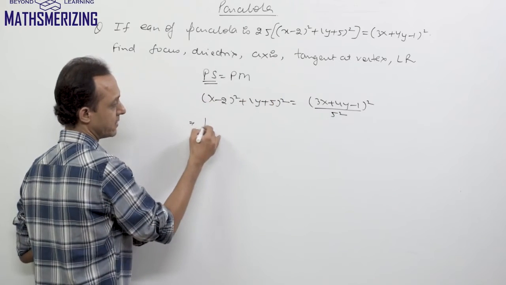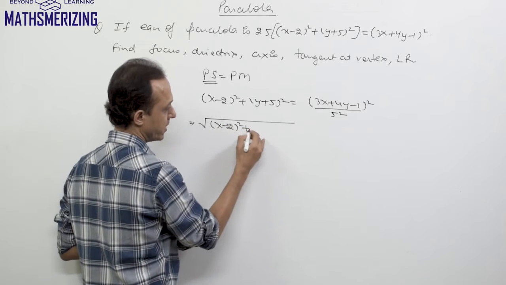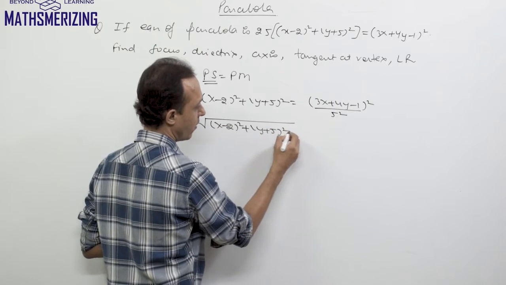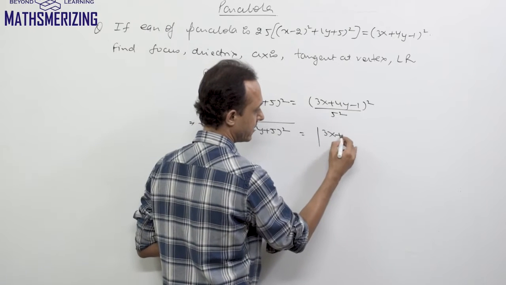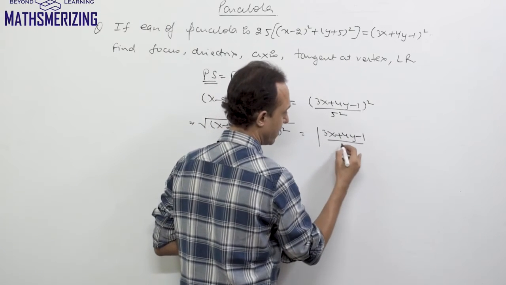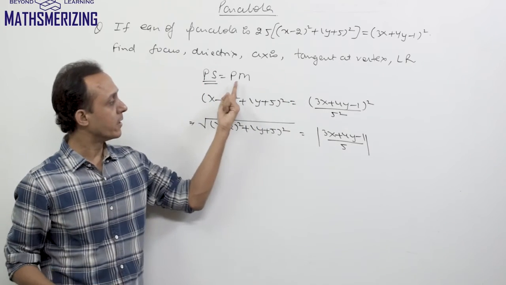So I can express it as under root of (x minus 2) square plus (y plus 5) whole square, and it will be (3x plus 4y minus 1) upon 5. So now it is of the form PS equals PM.